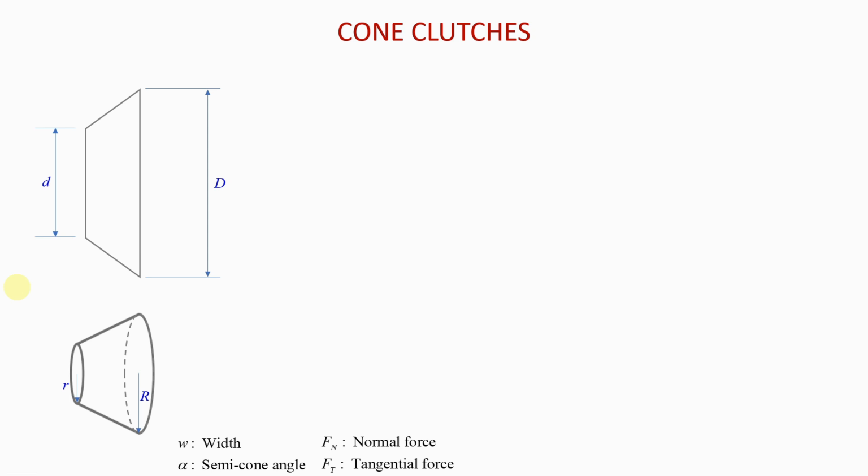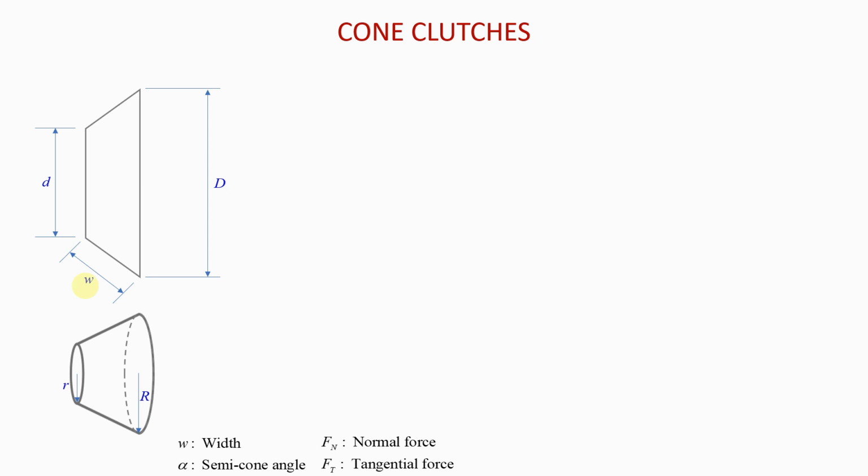Very important to see. We also have the width, or the face width of the cone. If you measure the length from here to there, that is small w, the face width of the cone.